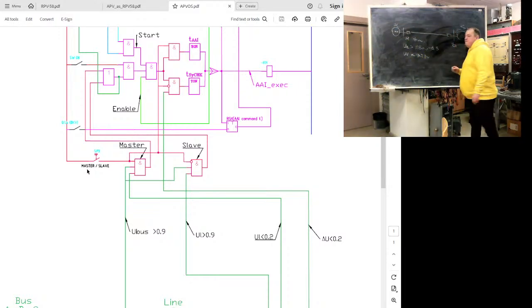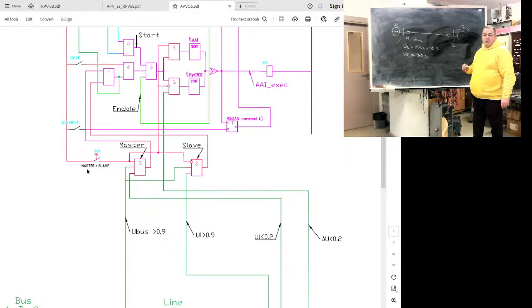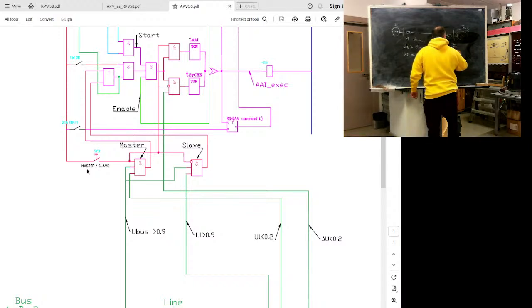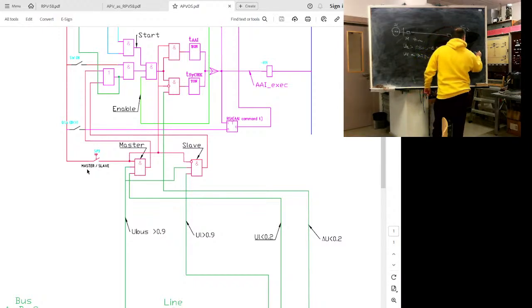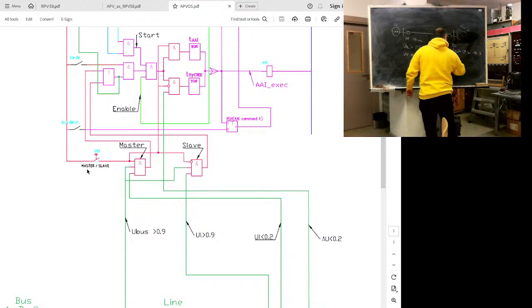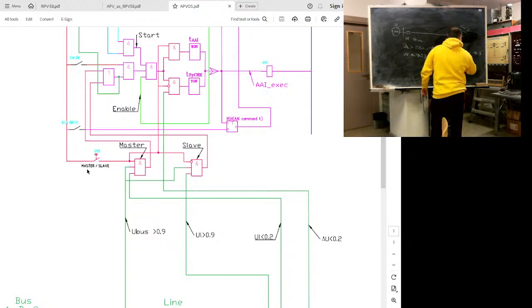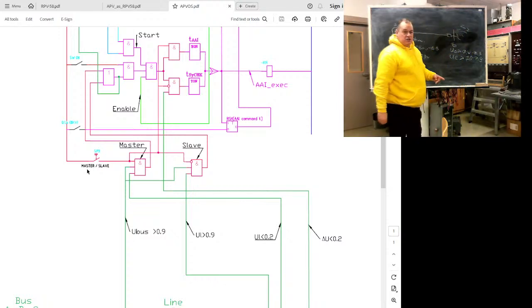Only then does the slave wait for line voltage to appear. For slave operation, all buses should be greater than 0.8, 0.9, and the line should also be greater than 0.8, 0.9. Two conditions.